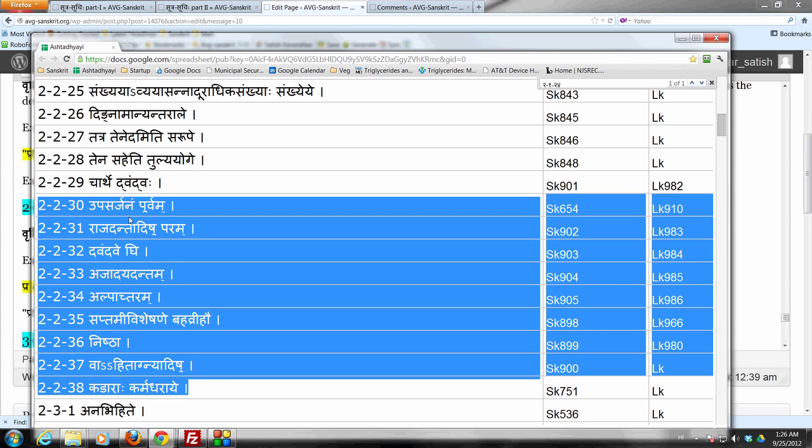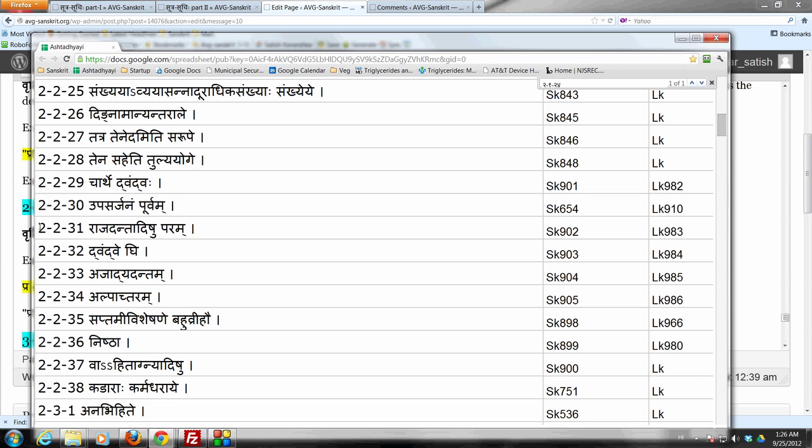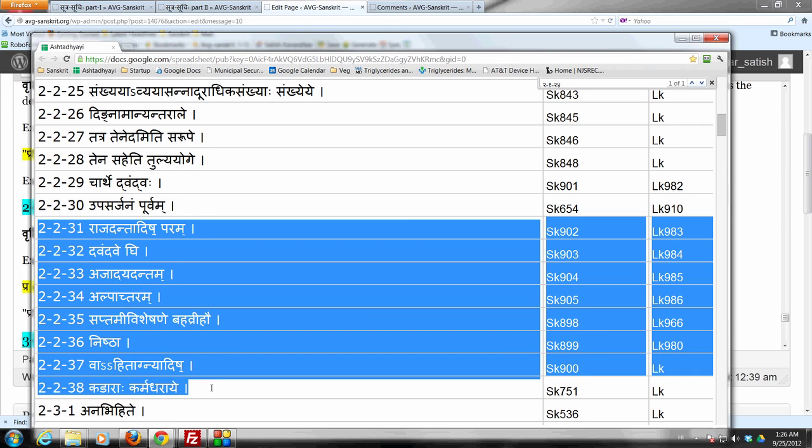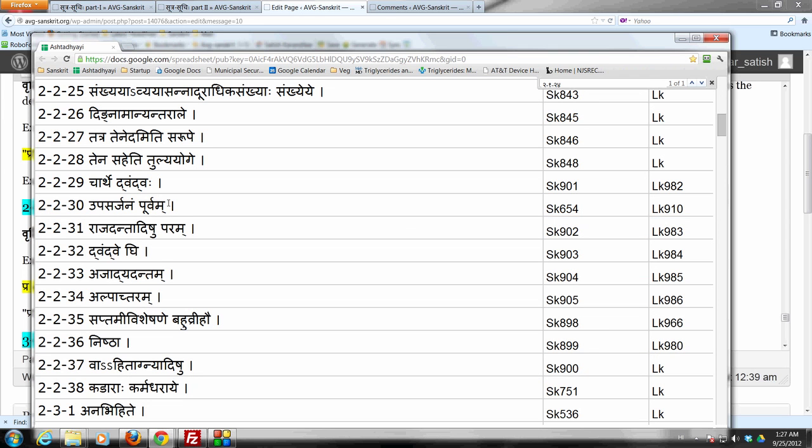And the main sutram is upasarjanam purvam. There are other rules down here, but we will study those when we get into compounds in detail next year. Right now we are looking at only one sutram, and this is the main one, upasarjanam purvam.